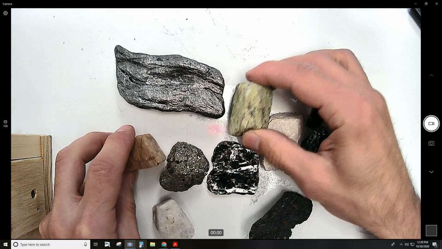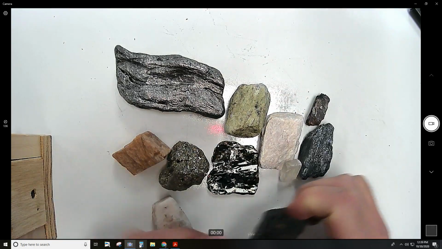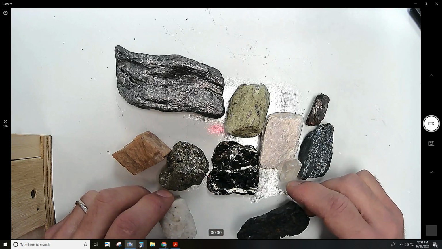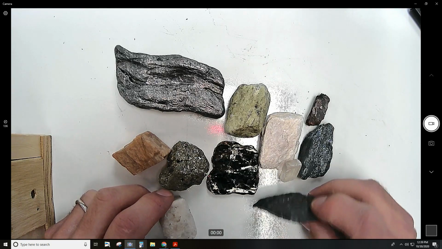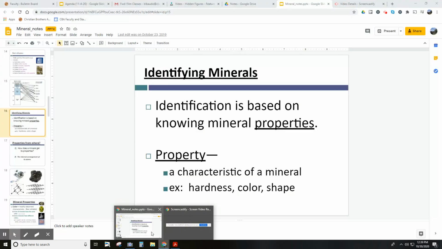Some of these have the exact same chemical formula made out of silicon and oxygen, but they look totally different, and they have a totally different crystal structure, which makes them unique. The actual chemical structure of these things is what makes these minerals separate and different.